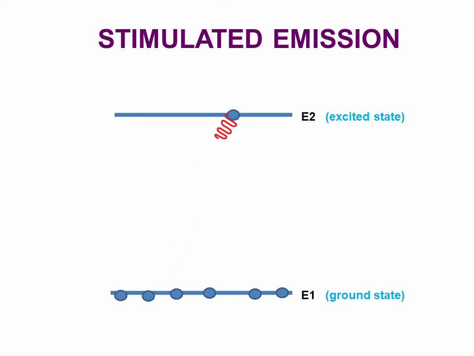The incident photon and the emitted photon are in the same phase. So, according to Bohr, when an electron jumps from the excited to the ground state, it emits a photon. These two photons have the same phase. This is a very important phenomenon in laser.